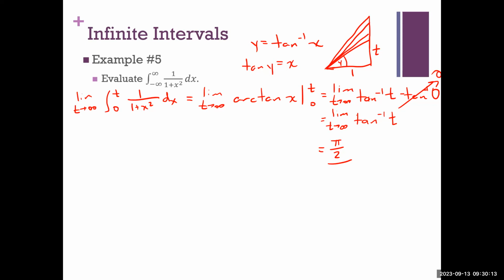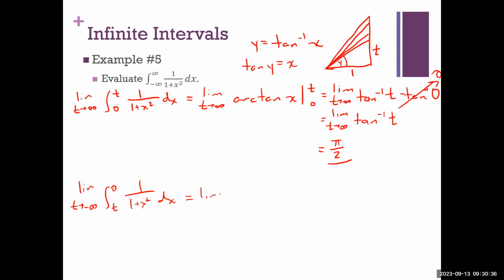Okay, are we done? No. We need the other side of this. So the limit as t goes to negative infinity of the integral from t to 0. Even though we split this up, we get to use the same antiderivative.